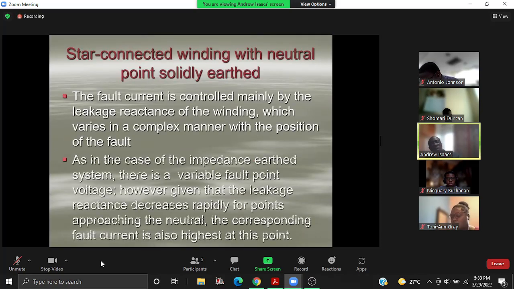In terms of the leakage reactance, if you recall, when we talk about a transformer, we give the leakage reactance the X value, whether that's 0.16 or 0.2 per unit. That's what we're referring to here.